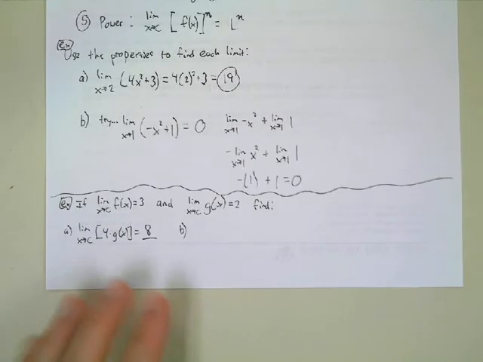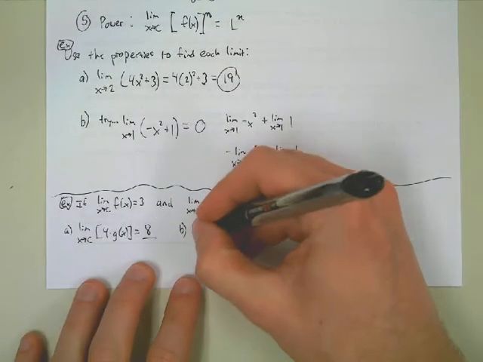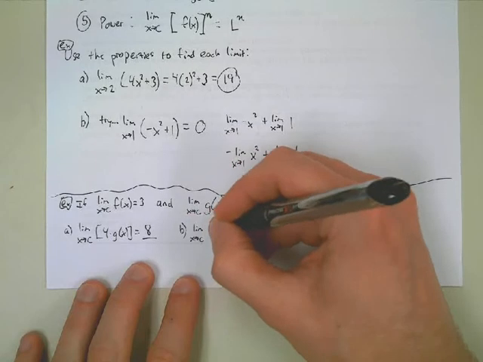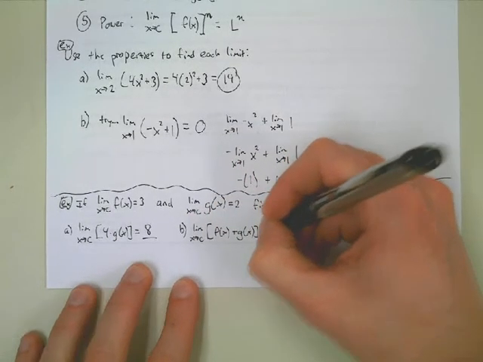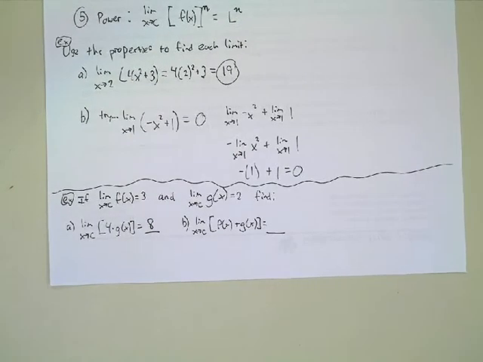How about the limit as x approaches c of f of x plus g of x? The brackets are just there for grouping symbols, that's all. You could use parentheses if you wanted to, but I like to use brackets because we're already using parentheses with the functions. So what would the answer be, Anna? Yeah, 5. Good job.